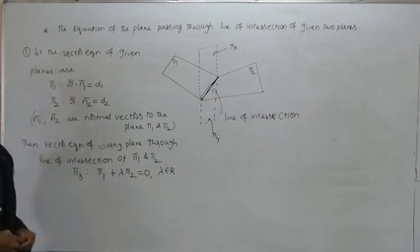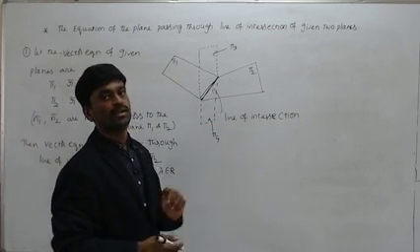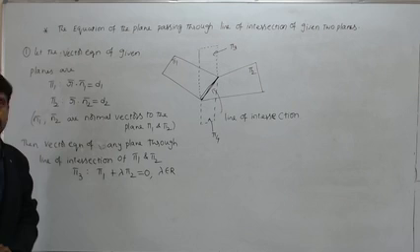So corresponding to each value of lambda, there will be one plane which is passing through the intersection of the planes pi 1 and pi 2.